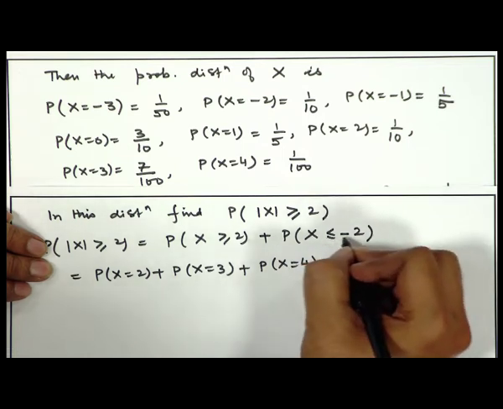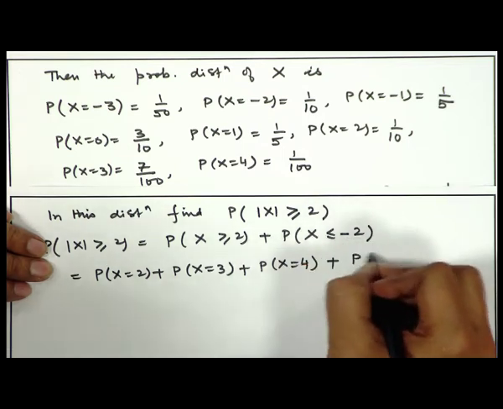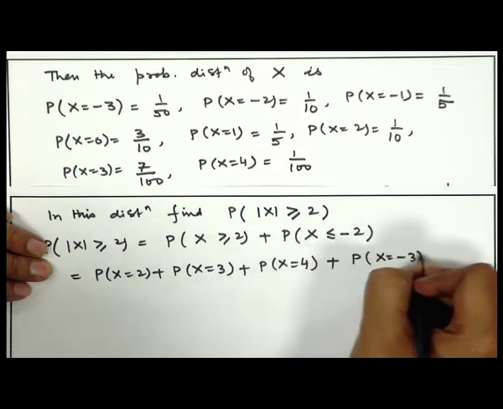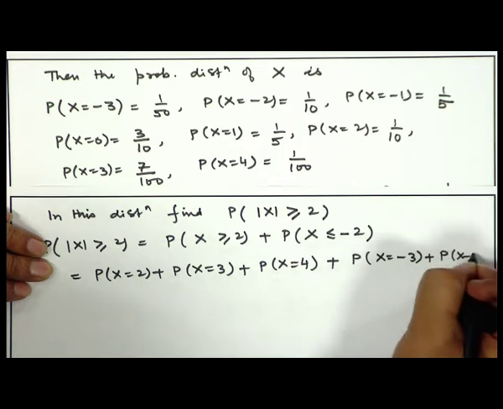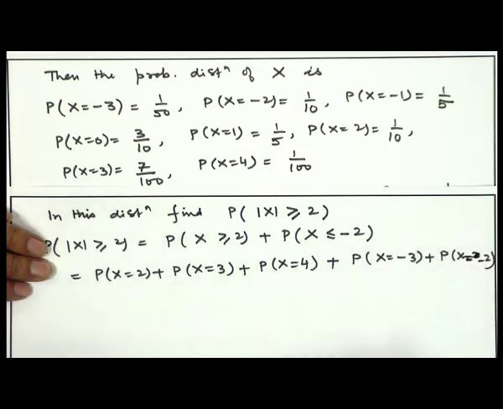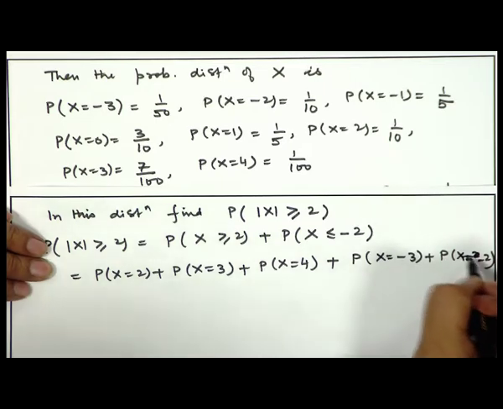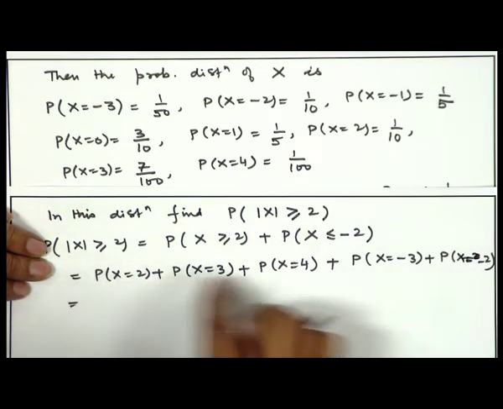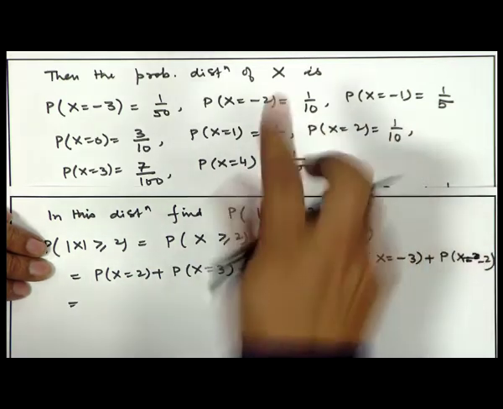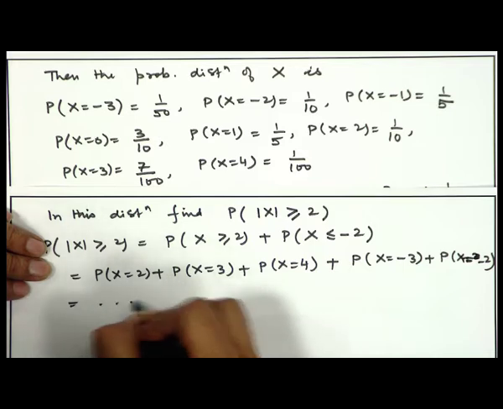Similarly, if I say x is less than or equal to minus 2, then it is equal to probability x equal to minus 3 and x equal to minus 2. Now, all these probabilities are available here. So, we have to only sum all of this here.